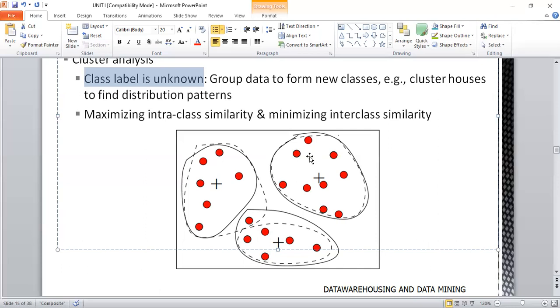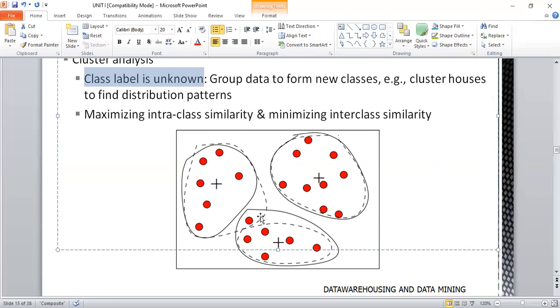Another example that you can take is your electronic shop data. Suppose some customer locations are available to you, and you want to cluster the customer locations. You want to check from which area you have more customers. So I have taken three particular areas, and I made a center in each area.